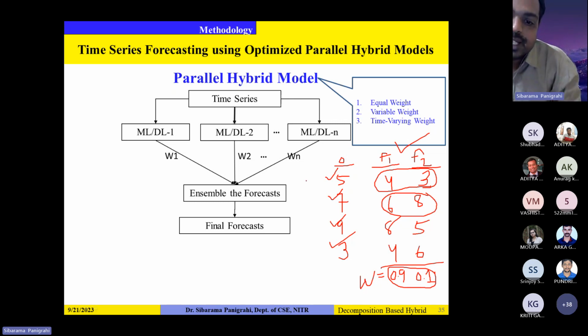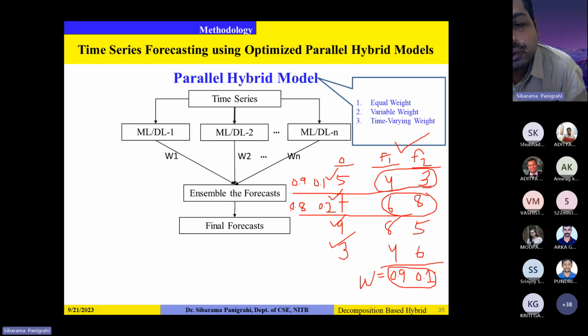Time varying weight means in this time, it will give the weight as 0.9 and 0.1, whereas in the next time, it will give the weight as 0.8 and 0.2. So I hope all of you have understood what I mean by time varying weight. It means based on time, we are varying the weight of the ensemble.